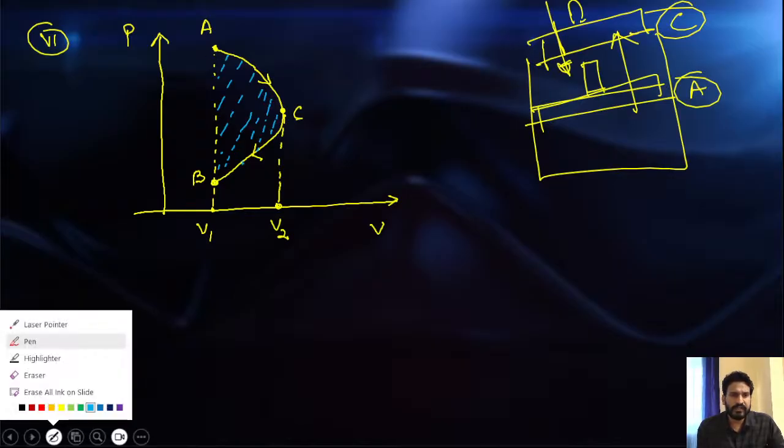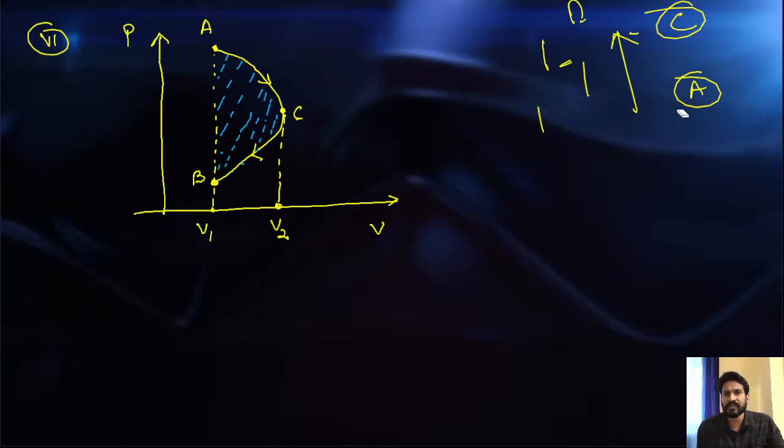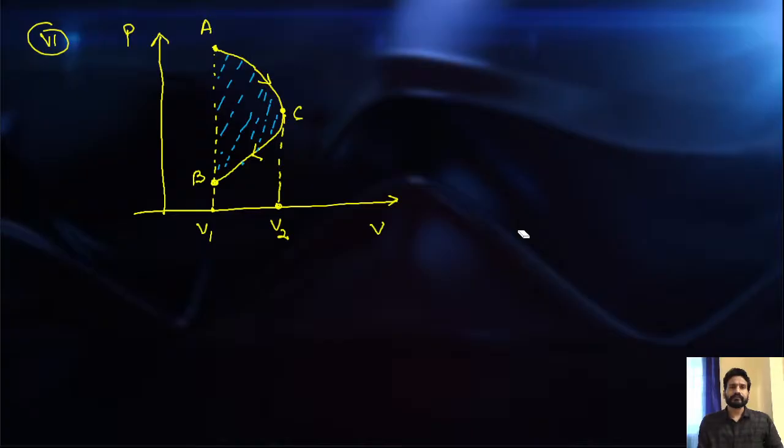If there is expansion, take positive. If there is compression, take negative. And if there are positive and negative parts of the graph, just subtract the negative work done from the positive, and whatever you are left with will be my overall work done. Is it clear to you?